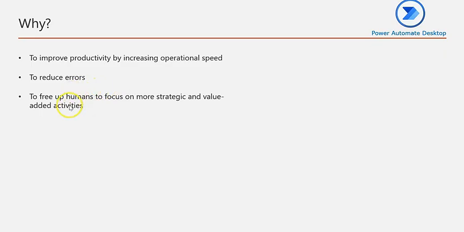Then those humans working on these mundane day-to-day activities can be freed up and they can focus on more value-added tasks. Of course, it will increase efficiency by reducing the processing time, as we saw, 31 seconds as compared to the 20 minutes that we thought of. So this is about speed, whereas this is about time.